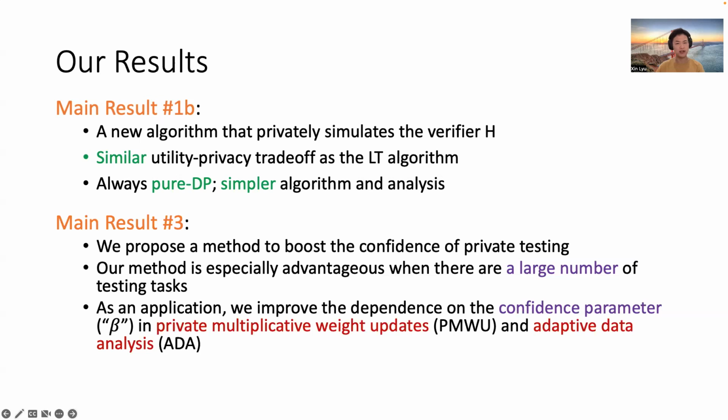In these two applications, the standard sparse vector plays a key role. It is a key component in their underlying algorithms. Since we are using private testing to generalize and ultimately improve the sparse vector technique, it is no surprise that we are able to improve these two algorithms.